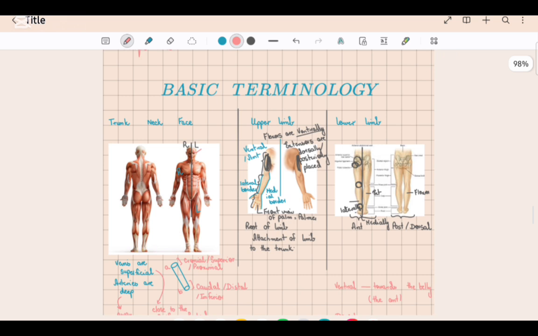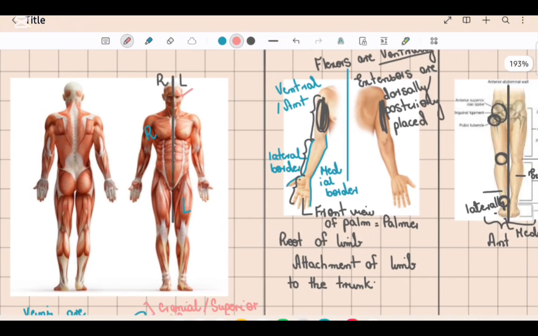So let me just give you a short summary of everything that we have read here in relation to the terms. Whenever we are talking about the front view of something, that's called the anterior, that's called the ventral view. And when we are talking about the back view of something, that's called the posterior or the dorsal view.